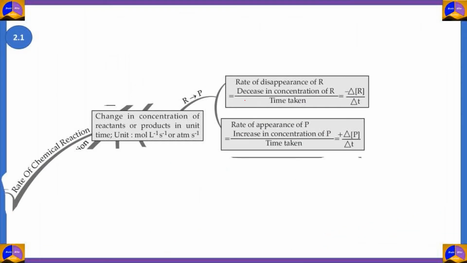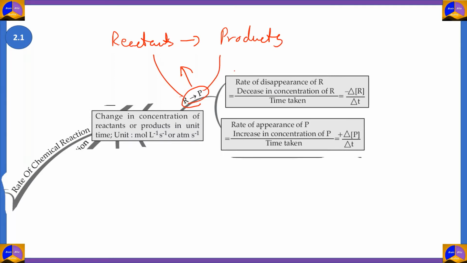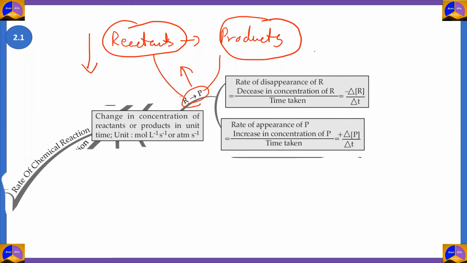R to P is the way reactants to products are represented. So R is reactants and P is for products. And so in a chemical reaction, we usually notice that the reactants decrease in number. Their concentration decreases, while at the same time, the concentration of the products increases.